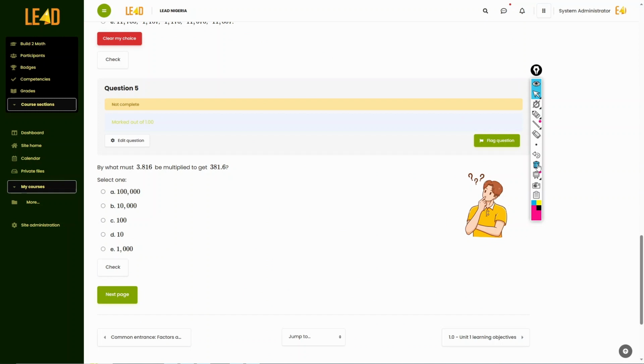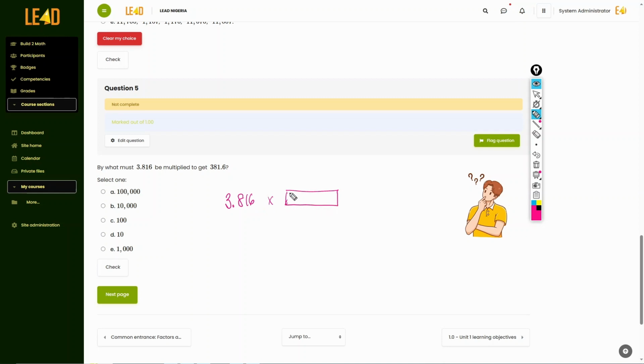All right, question 5 says, by what must 3.816 be multiplied to get 381.6? So that'll be 3.816 times an empty box.